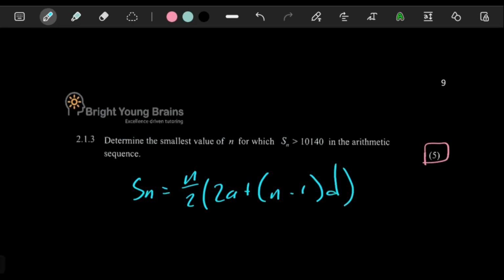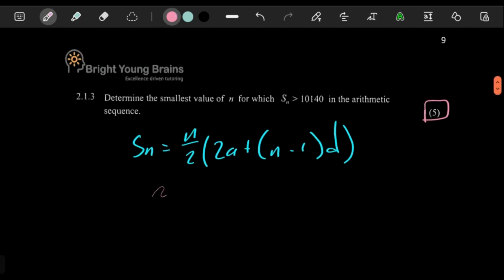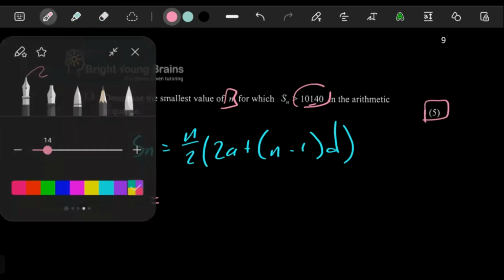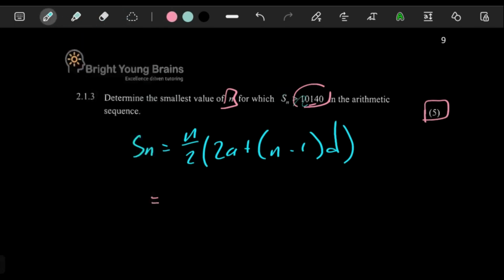So with that being said, we need to keep in mind the following. So let's see. They're saying which value of n will this, with the sum of the first n terms, be bigger than 10,140. So we don't want to overthink this question. So for you to find out how many terms you have to add up to get this number, or rather how many terms, it says what is the smallest value of n for which Sn is going to be bigger than this.